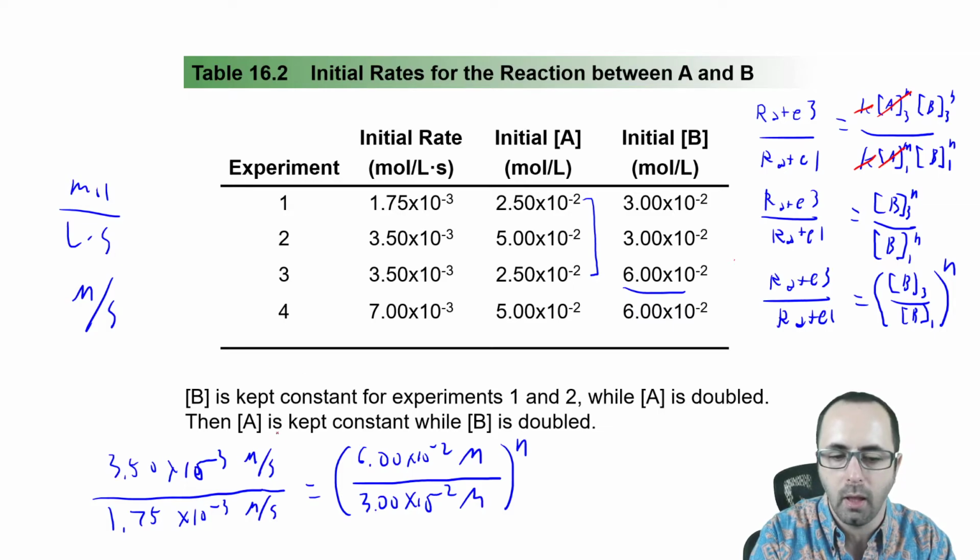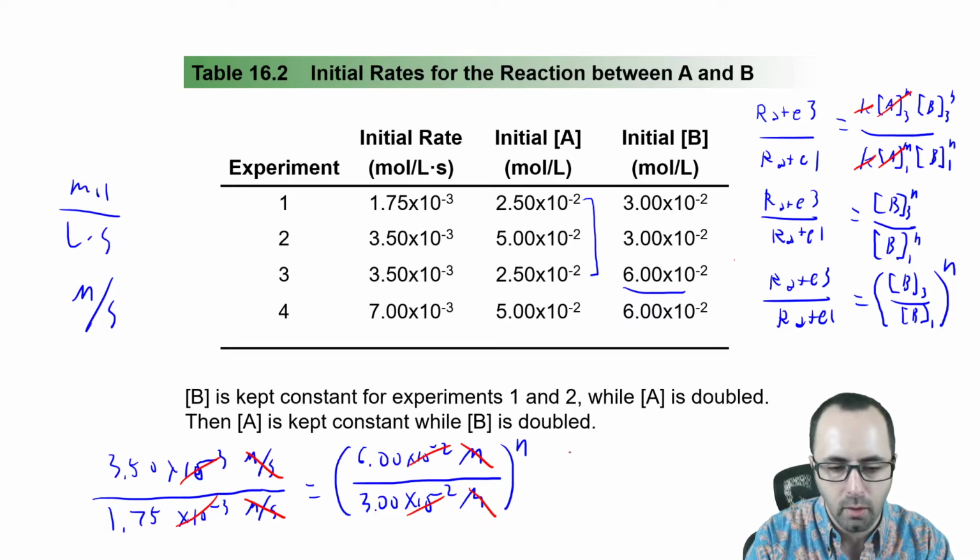If we look at our units here, these cancel. We can even cancel our 10 to the minus 2s to make it easier, and we get the same situation. 3.5 over 1.75, that is 2. And 6 over 3 is 2 to the n, so n must equal 1.